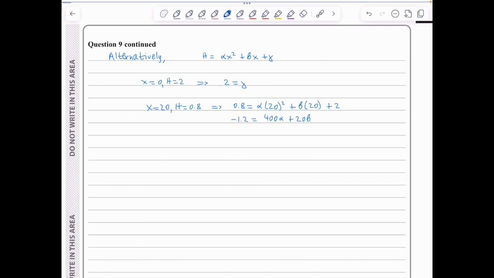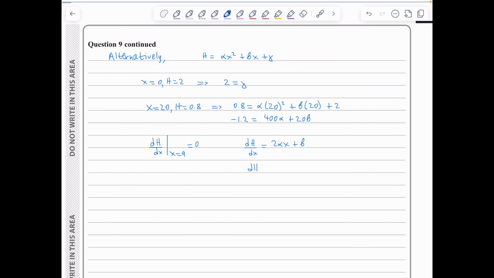Then I'll use the fact that we attain the maximum when x is 9. This simply means that dH/dx evaluated at x equals 9 should give a result of 0, because when x is 9, we have a turning point. Now I can take this equation and differentiate. So dH/dx is equal to 2 alpha x plus beta.